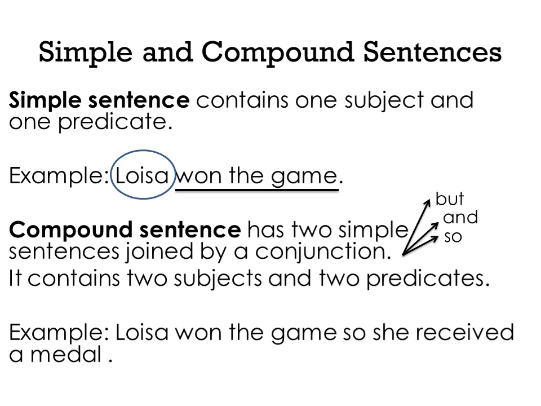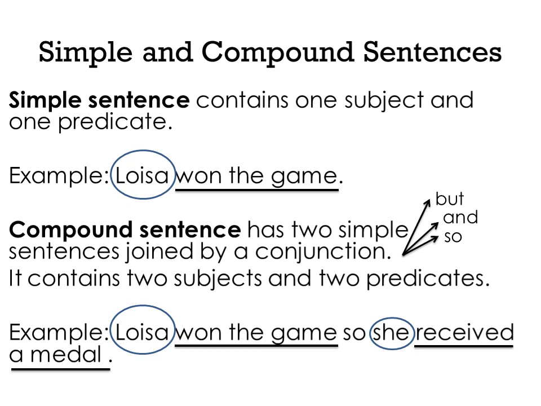So, to further learn, let's see this example. Loisa won the game, so she received a medal. Let's circle the subjects. So, we have Loisa and won the game, the predicate. So, we have one subject and one predicate. And she is a subject there, so we circle it. And received a medal is an example of a predicate.